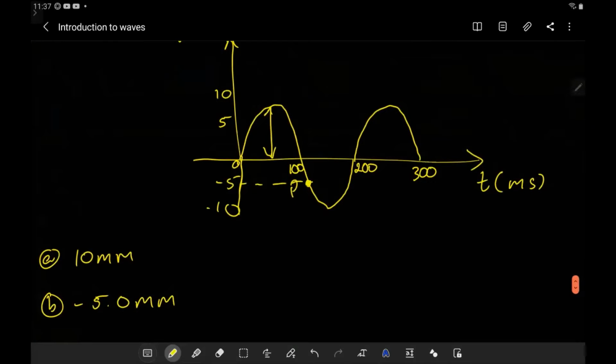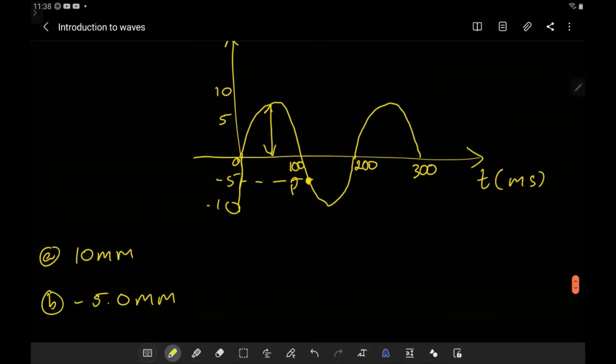Right, so part C asks us for the period. The period is the time taken for one complete wave. The one complete wave could be from here to here, from here to here, and so on. So what is the period of this wave?